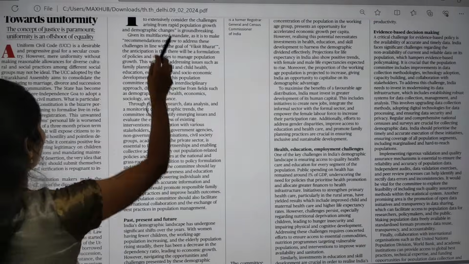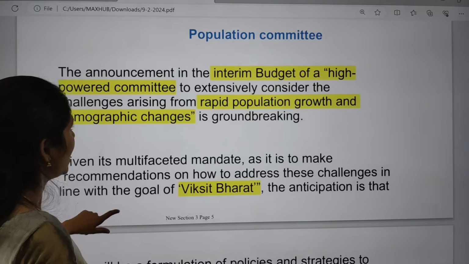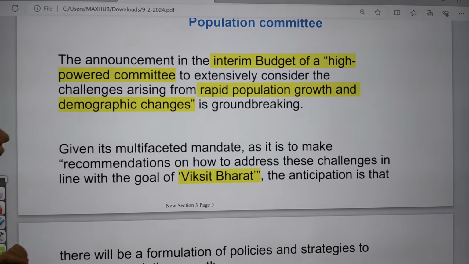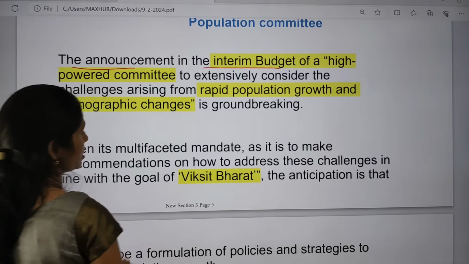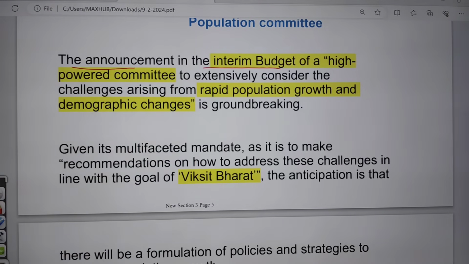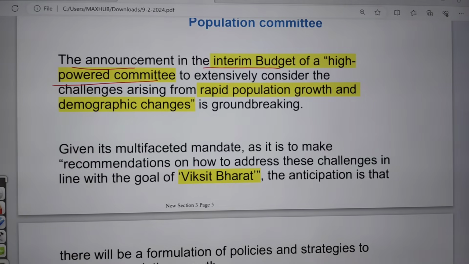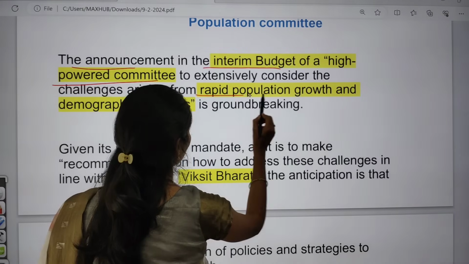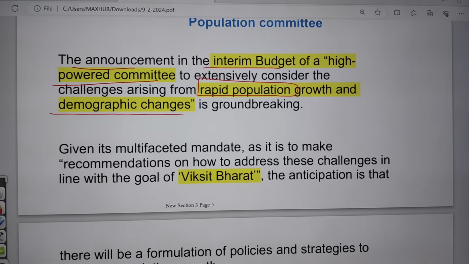Okay, now let us see the notes part of this article. This article is talking about the high-powered committee on population. The announcement was made in the interim budget. In the interim budget, the central government announced that we are going to come up with a high-powered committee, and we are going to extensively consider the challenges arising from this rapid population growth and demographic changes.